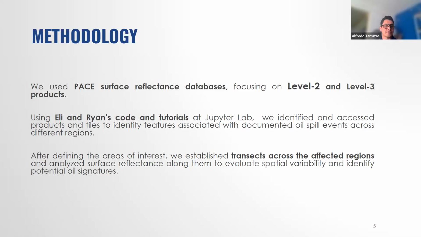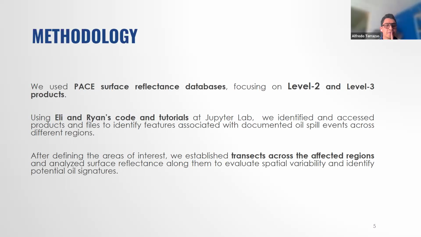And using Eli and Ryan's coding tutorial, we identified and accessed products and files to identify features associated with documented oil spill events across different regions. Like I told you before, we worked on regions outside of the Gulf of Mexico. We worked in 6 or 7 regions for matter of time.